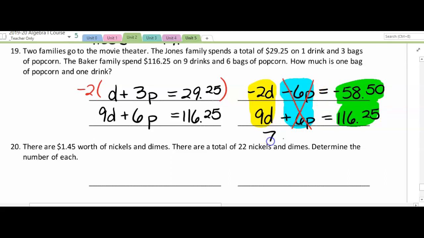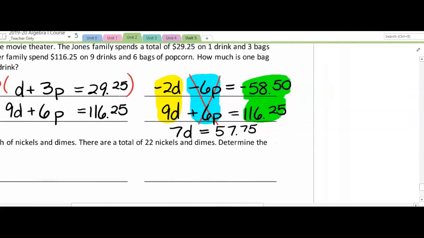I'm left with 7d equals 57.75. And if I divide both sides by 7, I know that a drink costs $8.25. Now I need to solve for the popcorn. So I'm going to take this first equation right here. I'm going to rewrite it off to the side.